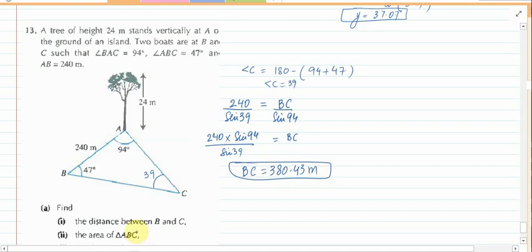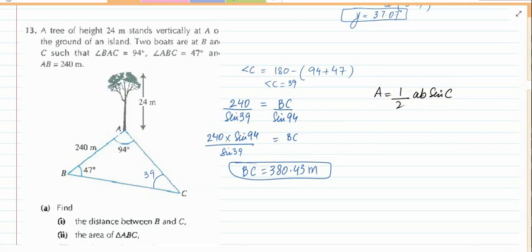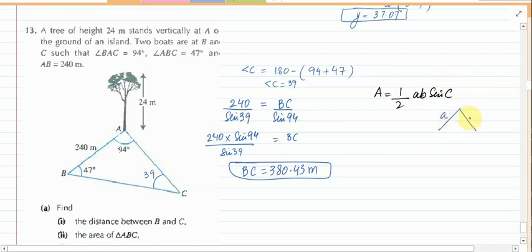After that you need to find the area of triangle ABC. The working formula of area is 1 upon 2 AB sine C. For area we need two sides and the included angle. By included angle, if these two sides are A and B, then this angle is their included angle. So in my case, which two sides am I going to pick?